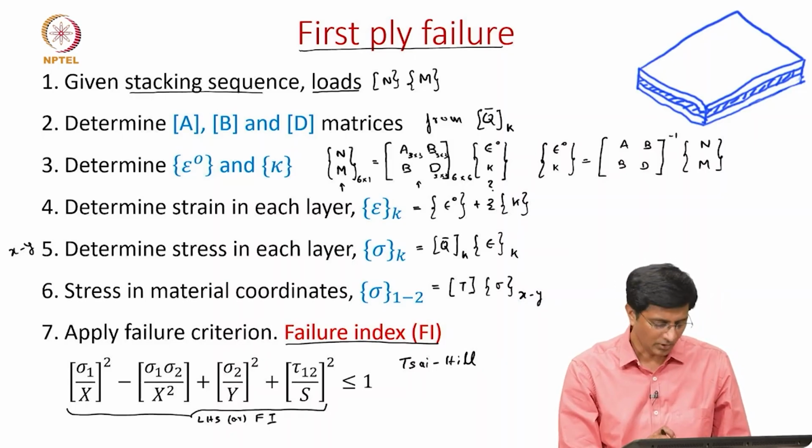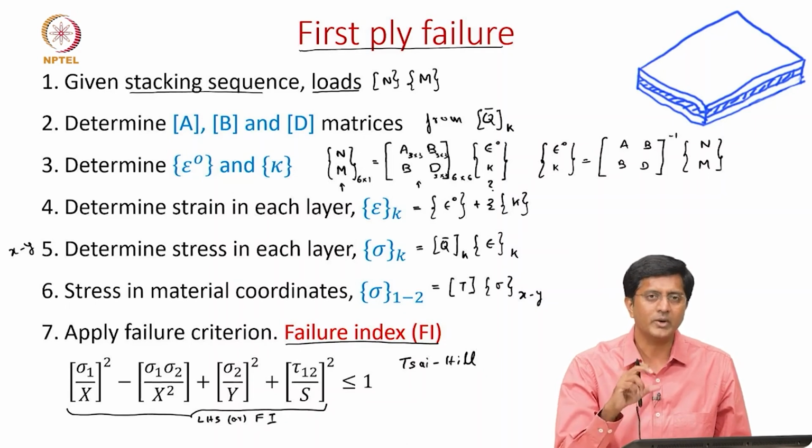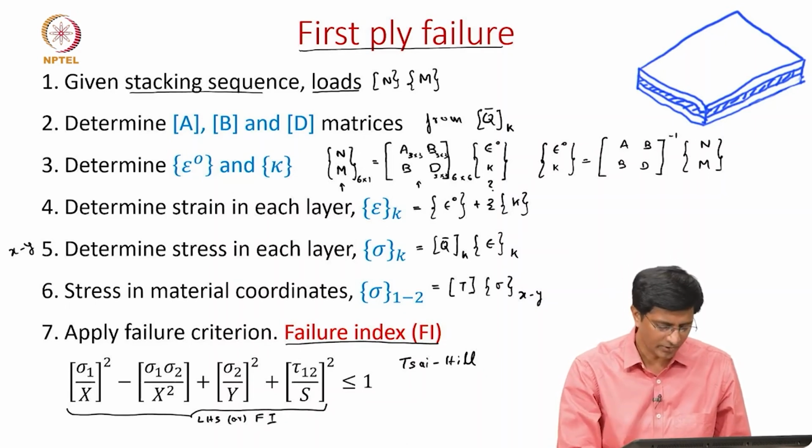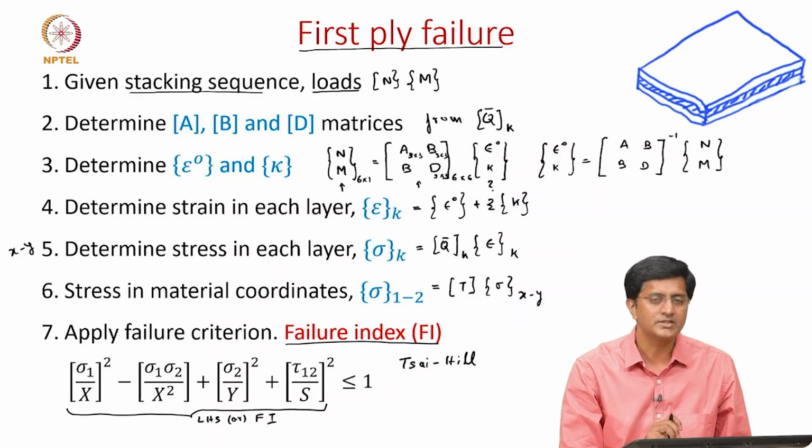The idea about the failure index is, if it is equal to 1 or more than 1, then that particular layer fails according to this failure criterion, for example here it is the Tsai-Hill. But if it is less than 1, then the material is safe.